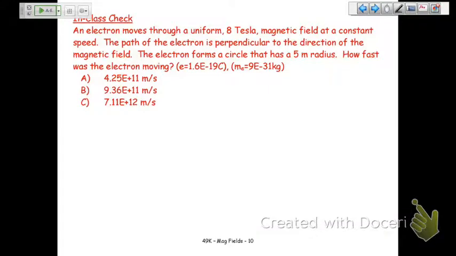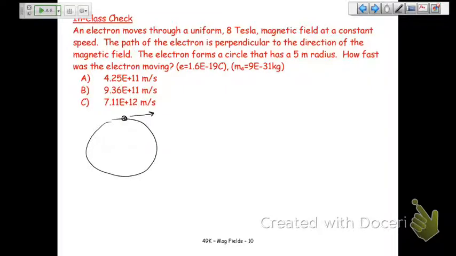An electron moves through a uniform 8 Tesla magnetic field at constant speed. So I'm going to put a particle here. It's got a constant speed. My magnetic field, let's have a look. Let's see if I can work this out. If it was a positive, my V would be in that direction, and I'd want my force to be into the page.